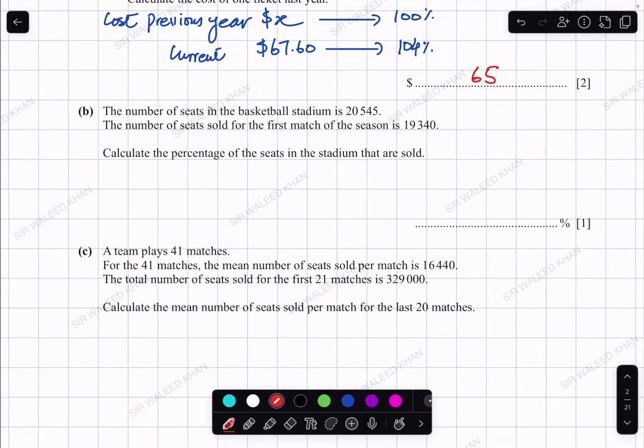What were we saying? Yes, calculate the percentage of the seats in the stadium that are sold. So if you want to find the percentage of the seats in the stadium, we have to use that number. So number of seats sold, 19,340, divided by the total number of seats, that will be 20,545, times 100.